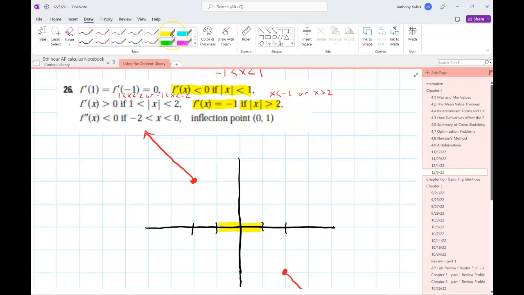And then let's see, this section here is my increasing section. So I'll do that to just kind of remind myself that I'm increasing there.